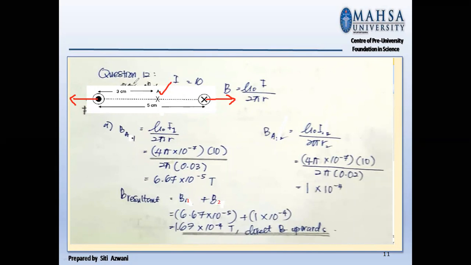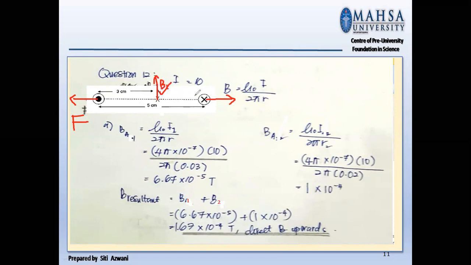First, by using the left hand, you have your current out of the page, and then your F to the left. Then what happens to the magnetic field B direction? The magnetic field B direction is going up. So B1 here.